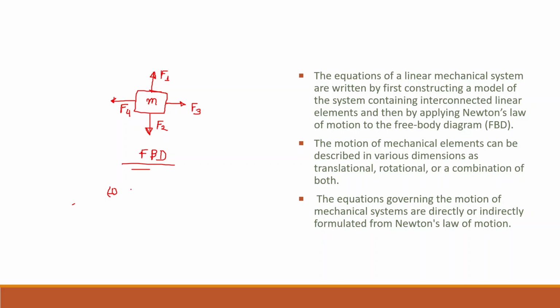Second, force is equal to mass times acceleration. And third, every action has an equal and opposite reaction, F1 equals F2. These three laws will help us form the equations that govern the motion of mechanical systems.